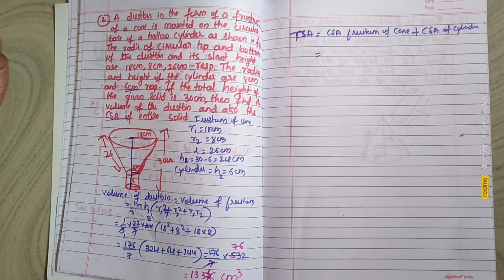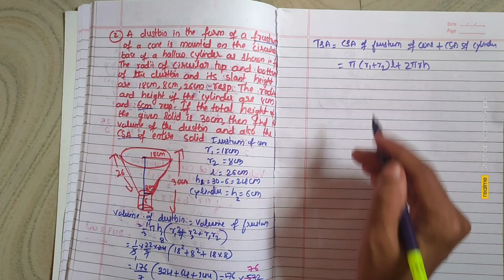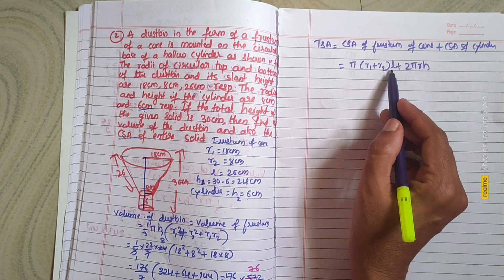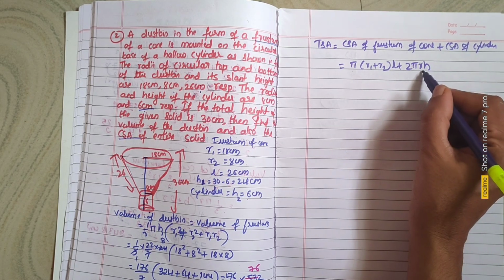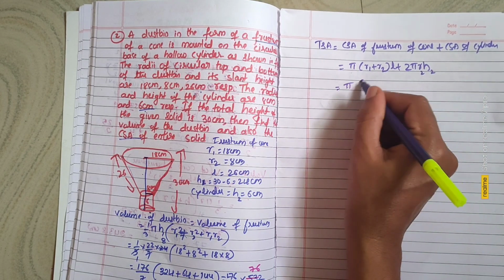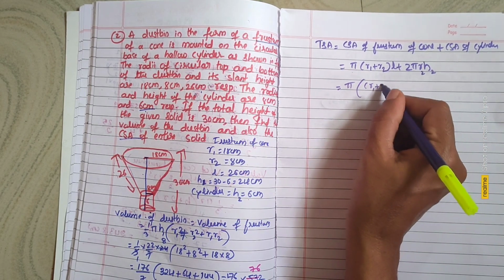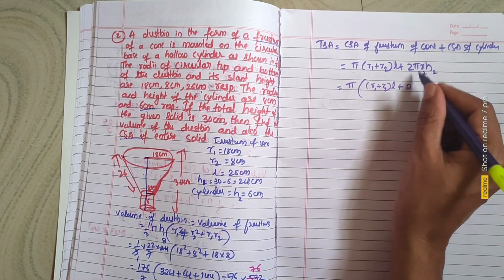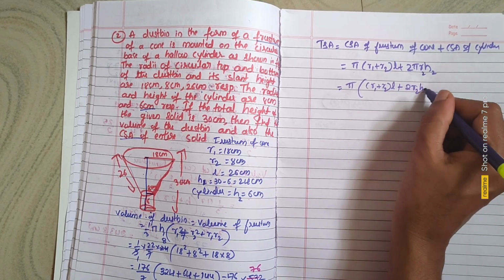Here I have written the formula. The CSA of frustum of the cone is pi (R1 plus R2) L plus 2 pi, this is nothing but R2 H2. Here pi is common. We have only (R1 plus R2) into L plus 2 into R2 into H2.